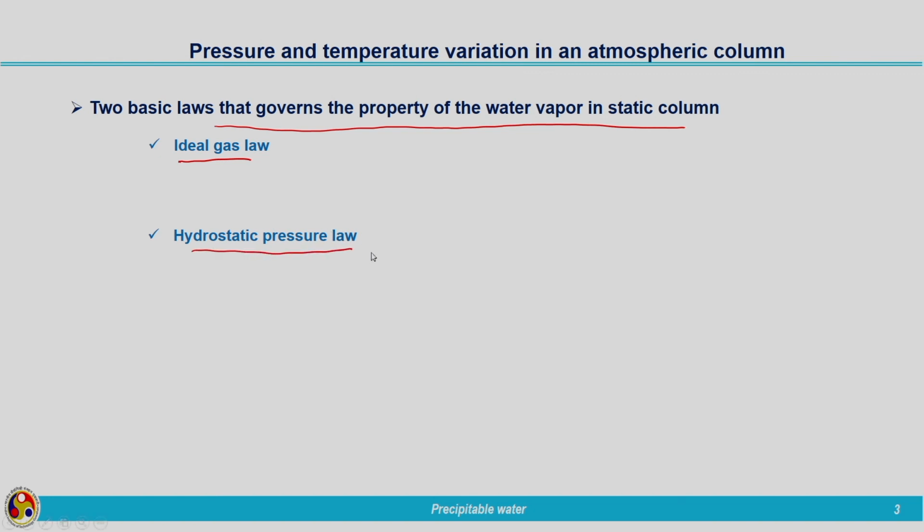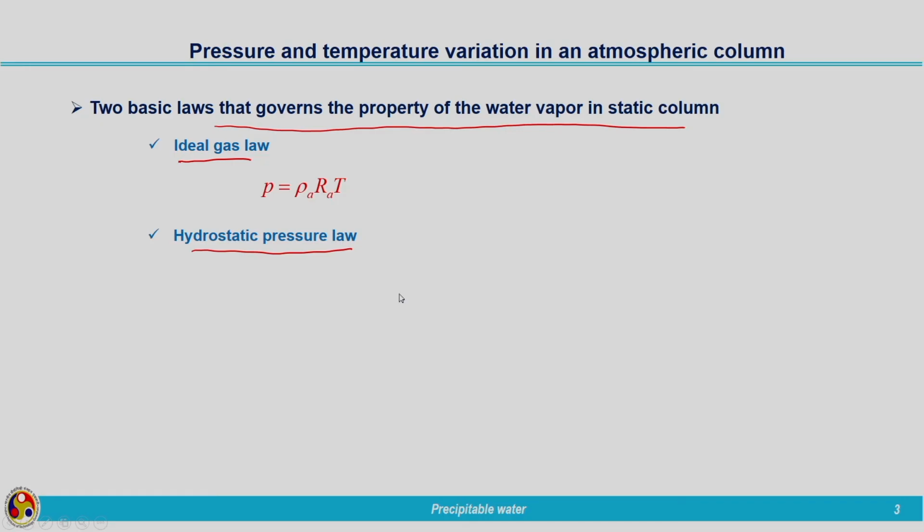Ideal gas law we have already seen before when we were talking about the pressure, vapor pressure and the total pressure. P is equal to rho A R A T, where P is representing the pressure related to moist air. That is why we are having a subscript A for all the terms contained within that.